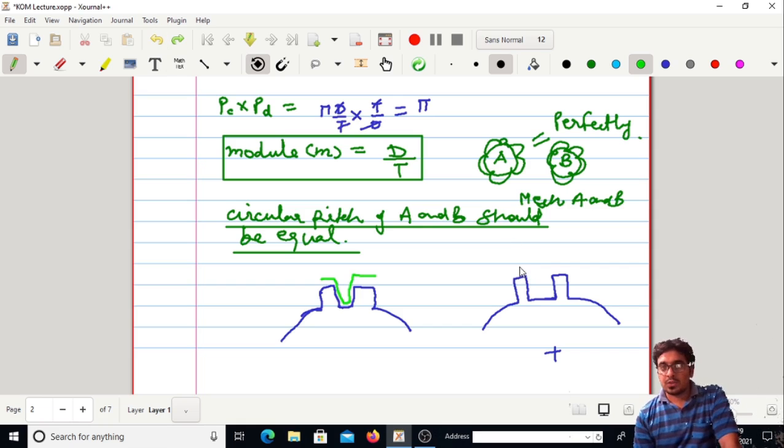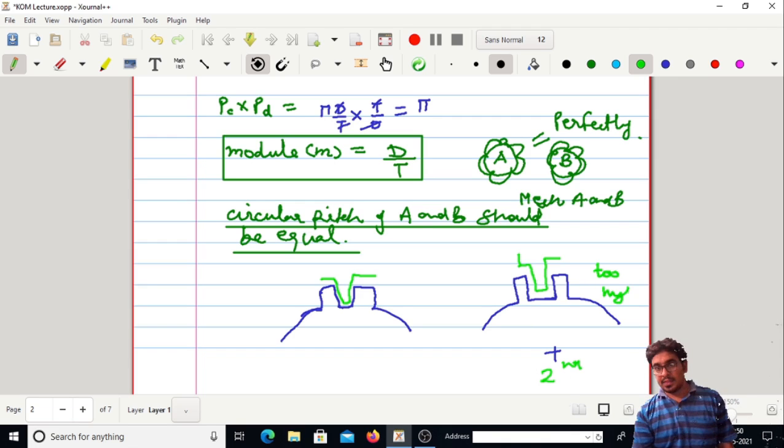So in the first case there is, in the second case there is too much gap between the teeth of the one gear and the teeth of the second gear. Now this is too high, and this difference is known as backlash. This is known as the backlash.